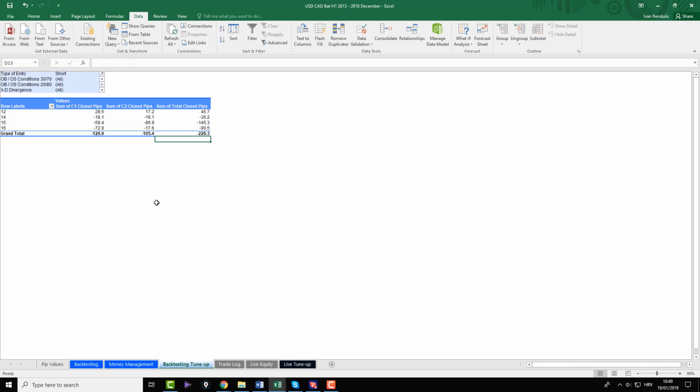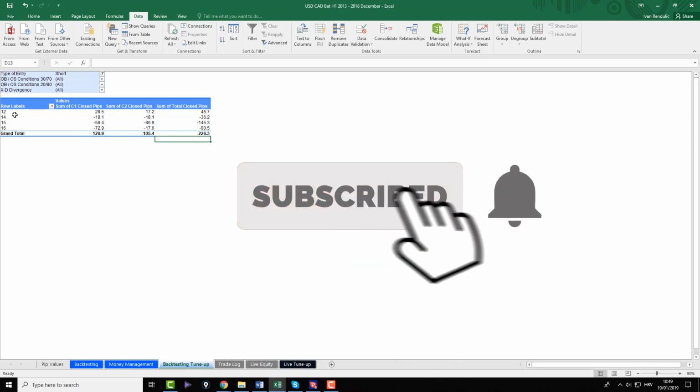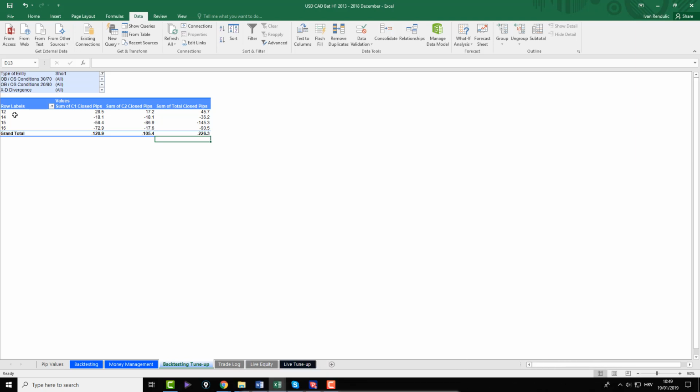Okay, here we go. So if I were to trade short positions on USD CAD on the 1 hour time frame in the same time period where the long positions were highly profitable, I would end up being negative minus 226.3 pips. But that's why we have even deeper filtering.